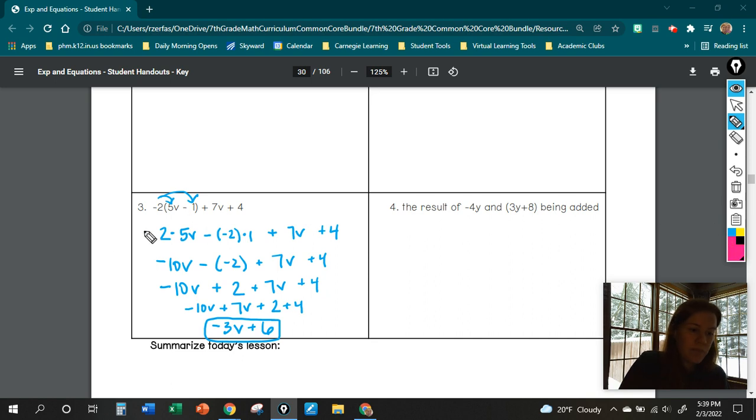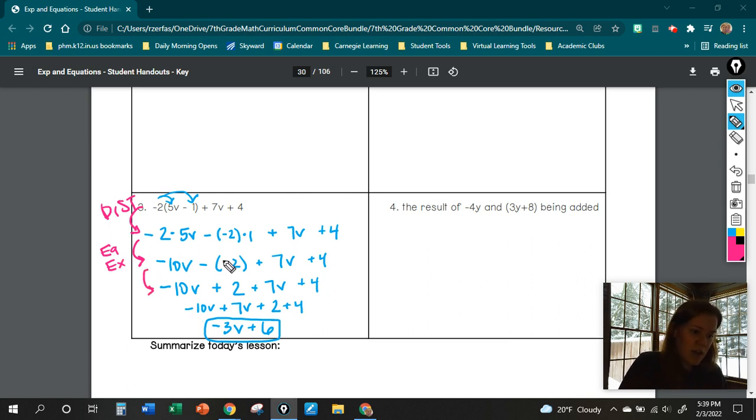From here to here, I use distribution to distribute my number. Then I was simplifying or using order of operations to solve some of the multiplication. So this is really just an equivalent expression.